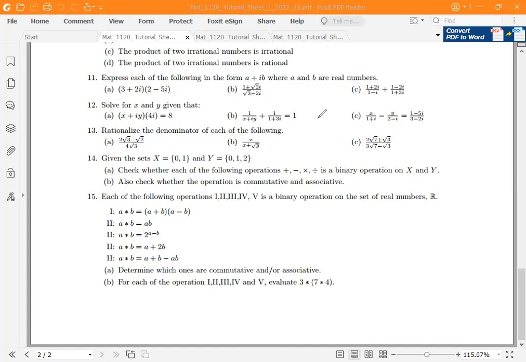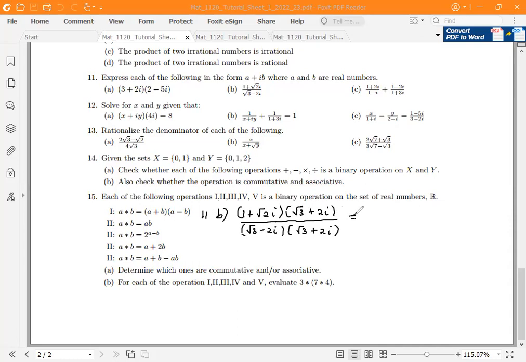Okay, so I need to demonstrate on B there, that's 11B. 1 plus the root of 2i divided by the root of 3 minus 2i. So to conjugate, you multiply by the root of 3 plus 2i. You use the same in the numerator, the root of 3 plus 2i.